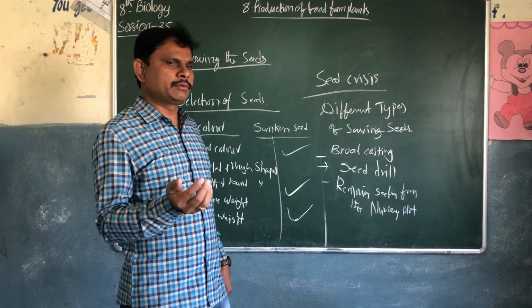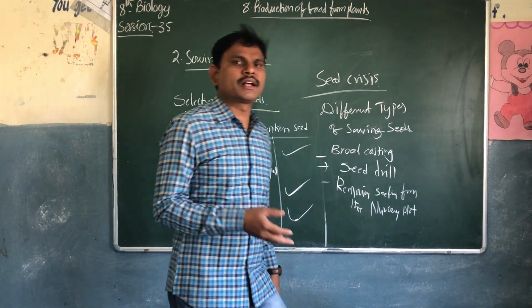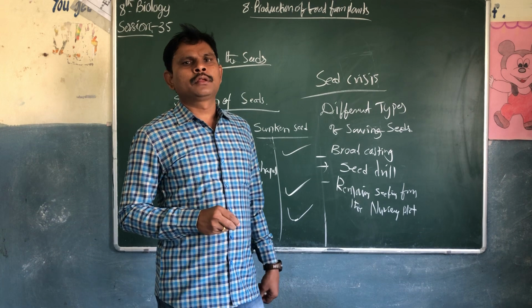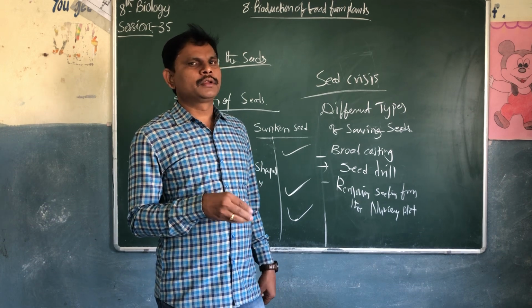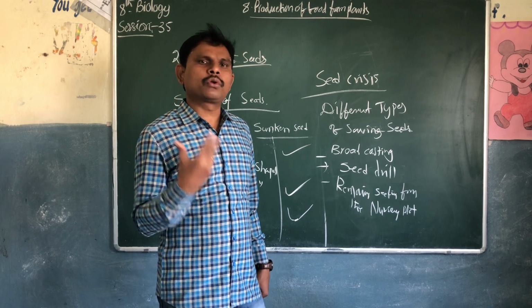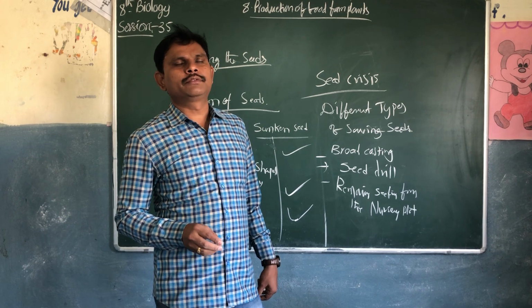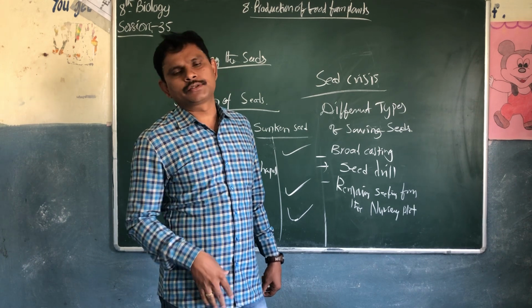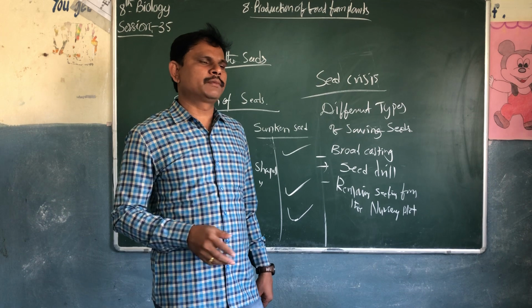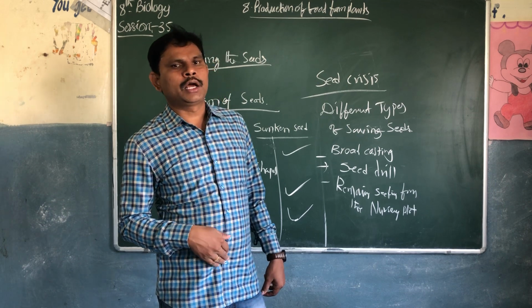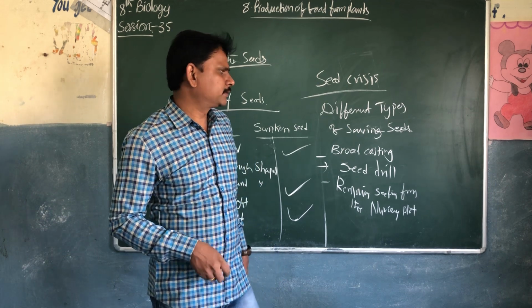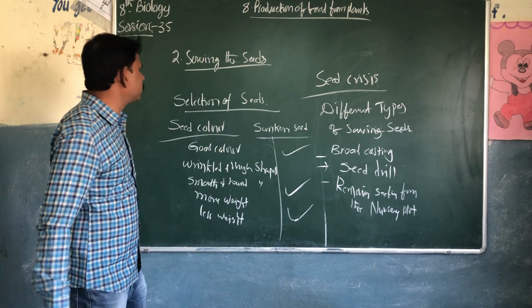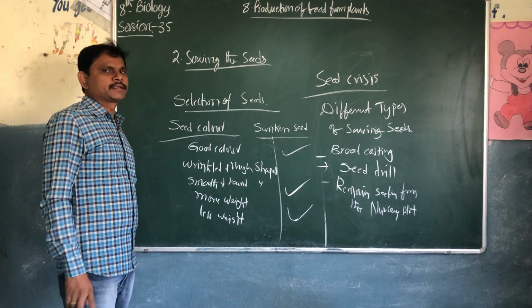The floating ones should be taken out and thrown away, because they are low quality. If you sow them, they will not grow properly, and if they grow, they will not give good production. So you have to separate the quality seeds and the poor quality seeds. This is about sowing of the seeds.